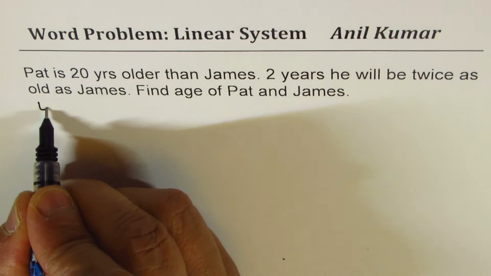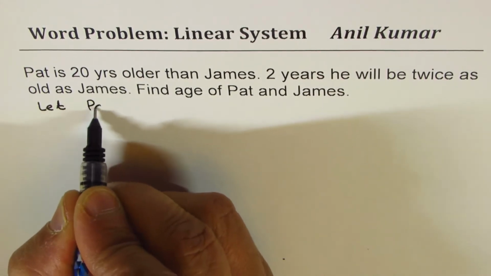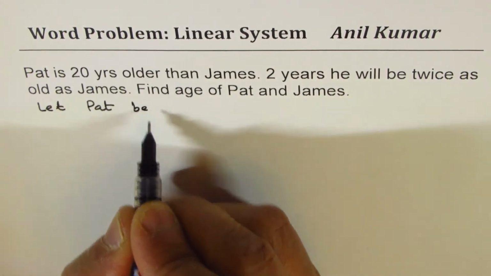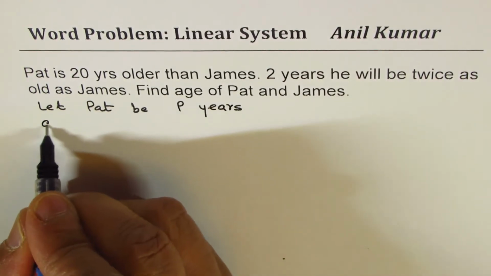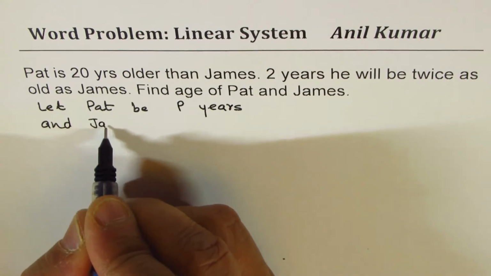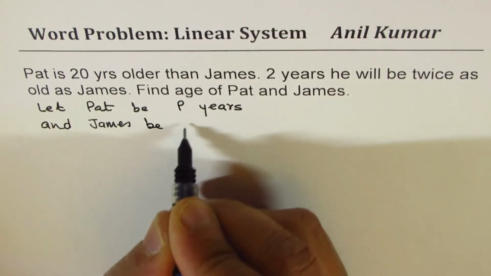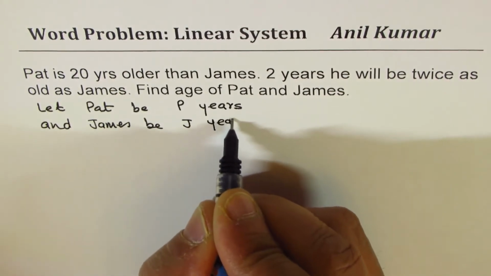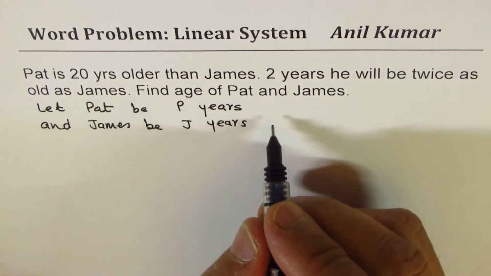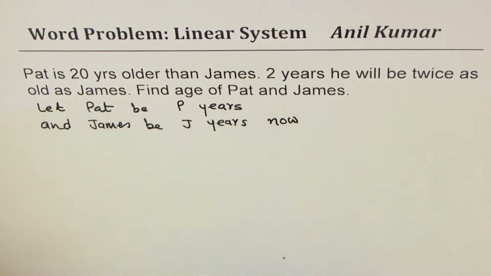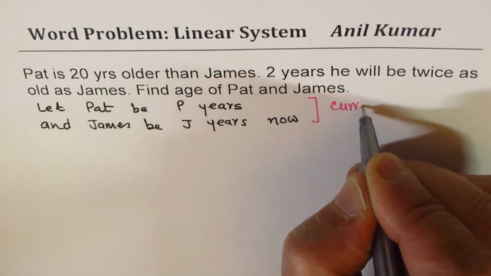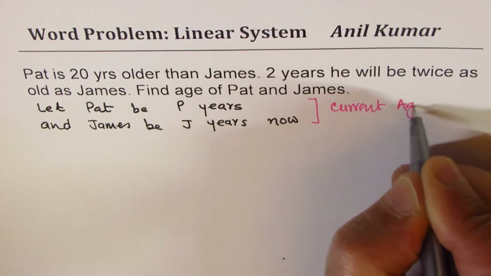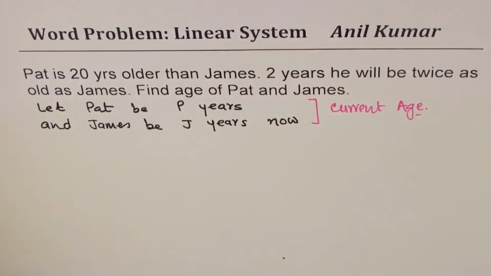So we'll say let Pat be P years and James be J years. Now, that is their current age. So the first thing we are trying to define here is their current age. Is it okay? Now we will read and form equations.